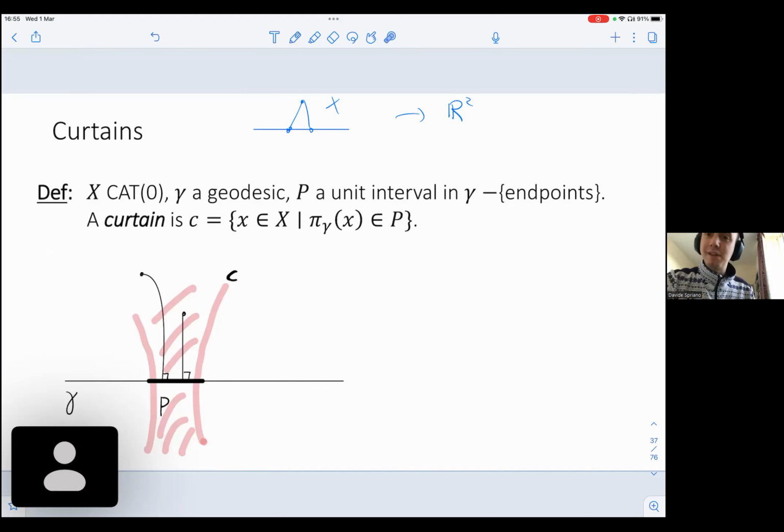Right, so this is a schematic picture. I have a geodesic gamma, I have P, which is my unit length subinterval, which does not contain the endpoints, and then the curtain C are all of the points in the space that closest point project to this interval.